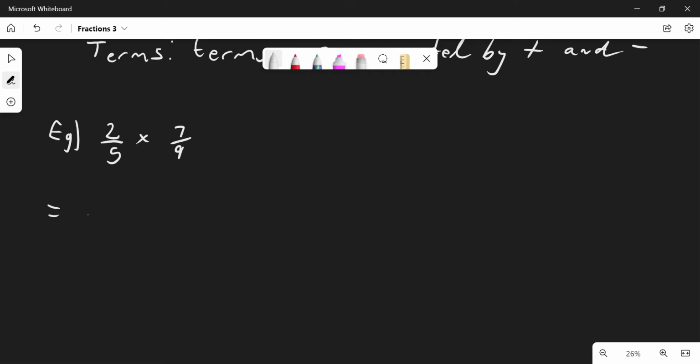Very straightforward. You multiply your numerators and you multiply your denominators, 2 times 7 on top and 5 times 9 on the bottom. So that's going to be 14 over 45.